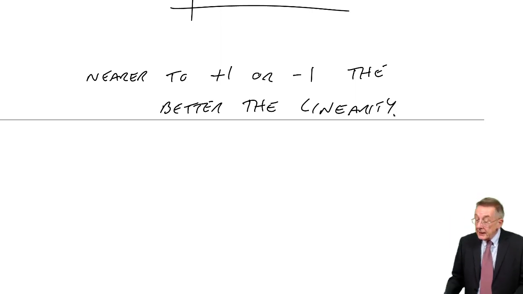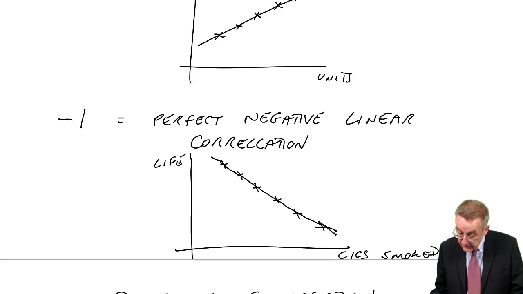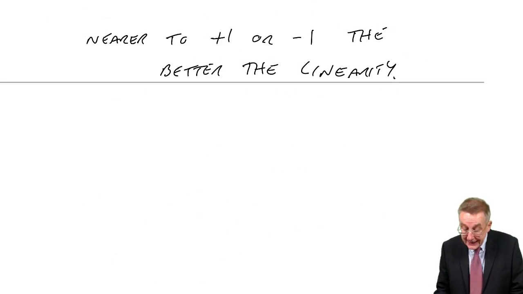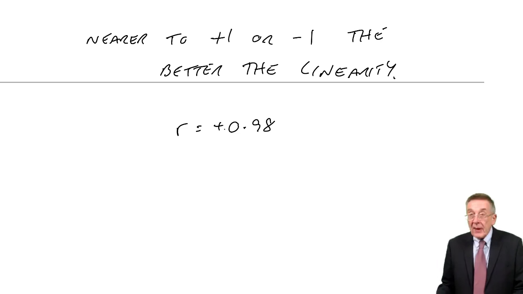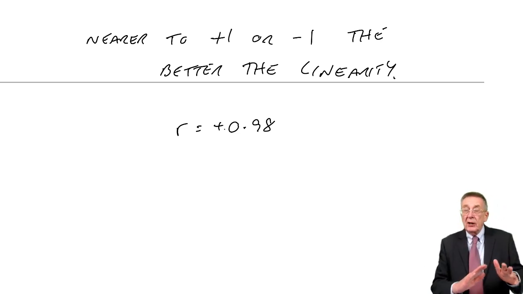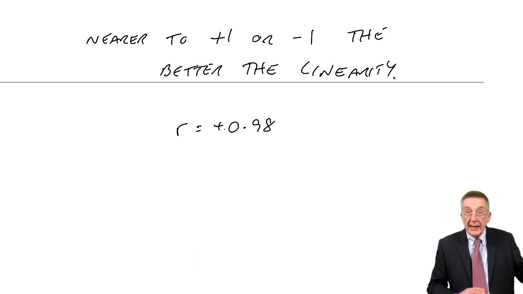And so what did we get? We got a coefficient of correlation of plus 0.98. And what does it mean? It means, first of all, it is positive correlation. So they are both going up together, which we can see at a glance.